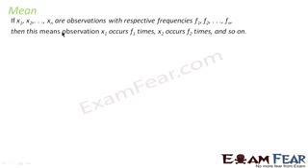To understand mean of grouped data, the first thing you have to understand is what mean is mathematically and what grouped data is. Let's first start with what mean is mathematically.